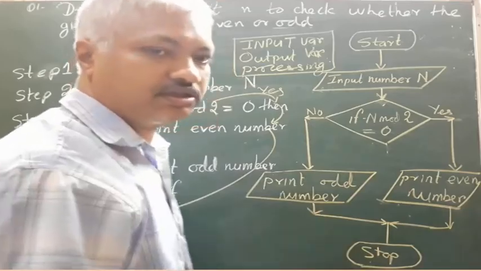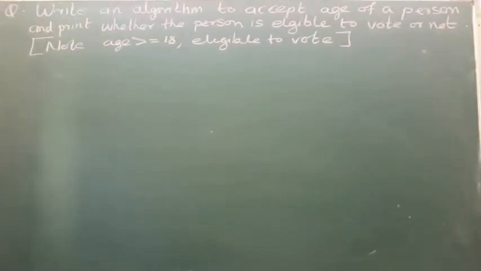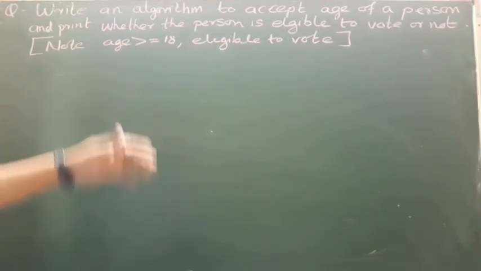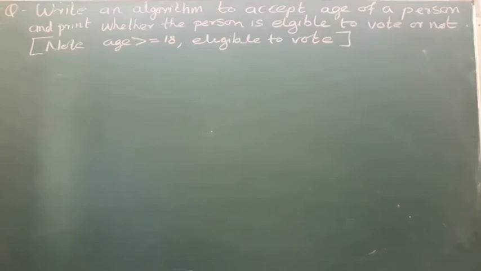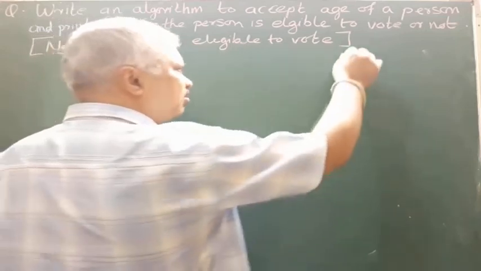Okay, dear students, here the question is, as you are seeing here, we have to find whether a person is eligible to vote or not. So here also we have to think along the same lines.